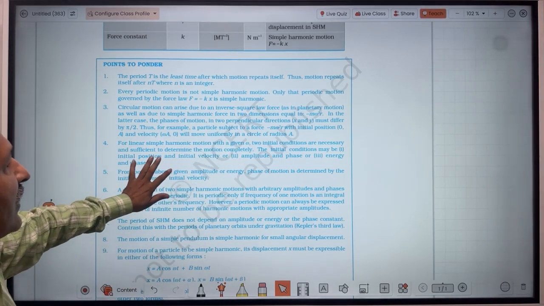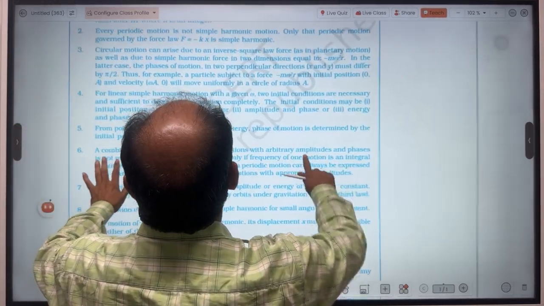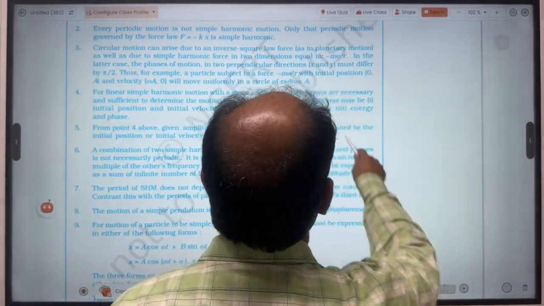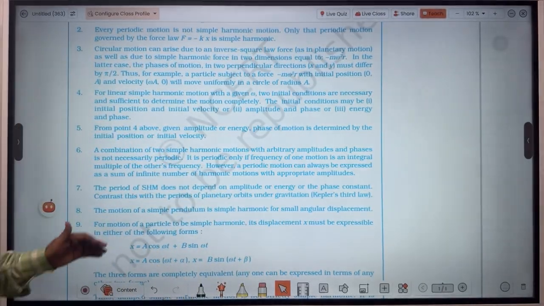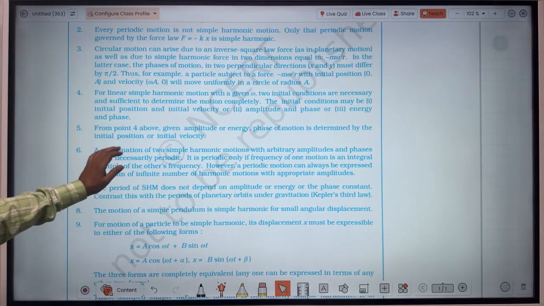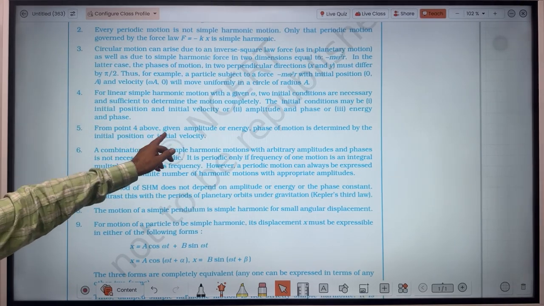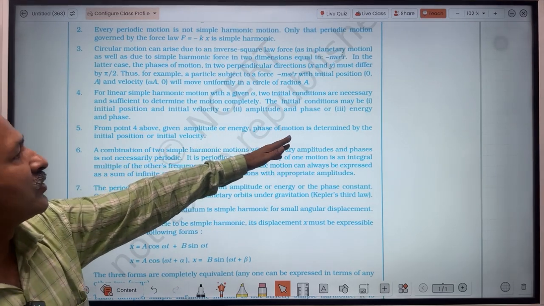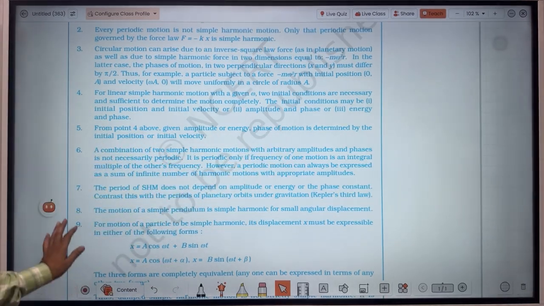For linear simple harmonic motion with a given omega, the initial conditions are necessary and sufficient to determine the motion completely. The initial conditions may be initial position and initial velocity, amplitude and phase, or energy and phase. Given amplitude or energy, the phase of motion is determined by the initial position or initial velocity.